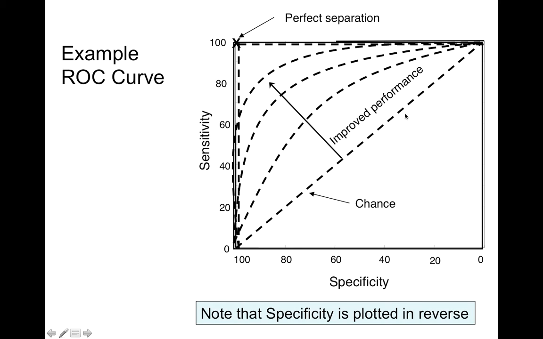And so this is basically a curve of chance. As your performance improves, this curve approaches the axes. And at this point, where you're at 100, 100, you basically would have perfect separation. So a particular decision boundary might put you somewhere along this curve.